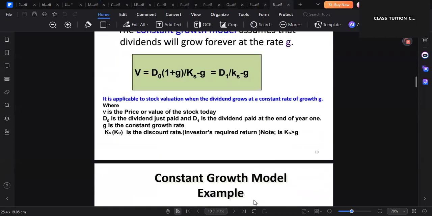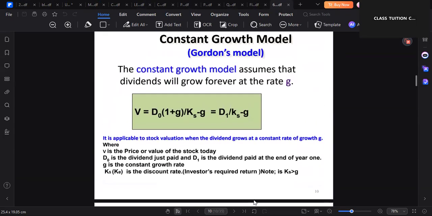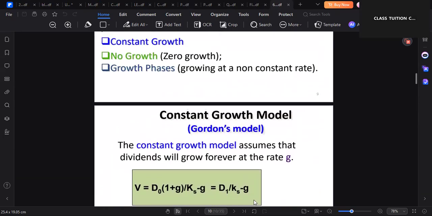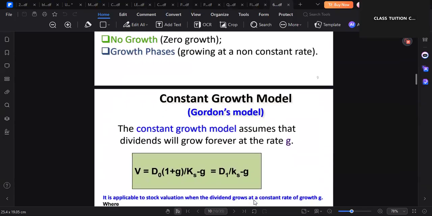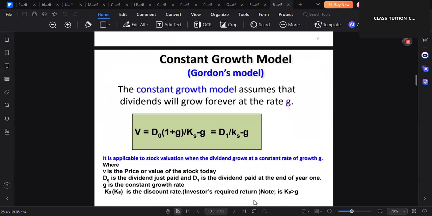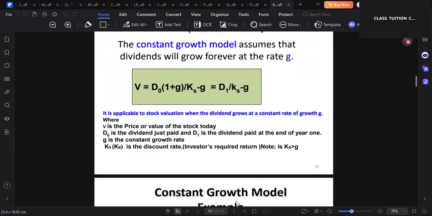So we have the constant growth model and the zero growth model. The zero growth model is one that has no growth rate.